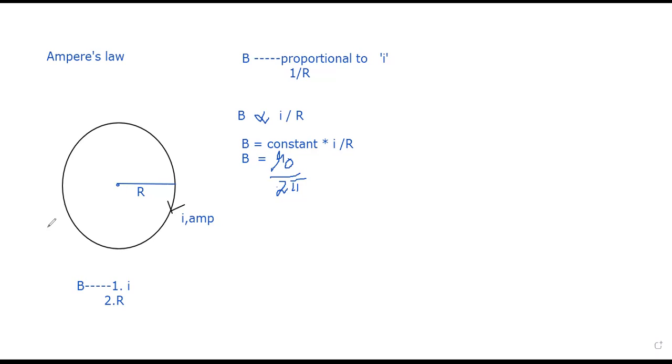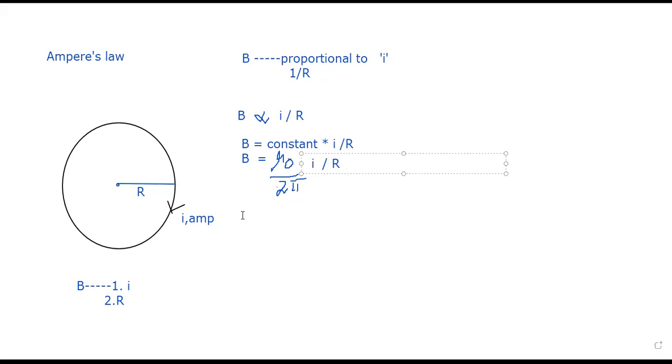Remember, in Biot-Savart's law, this constant is mu naught by 4 pi. But in the statement of Ampere's law, this constant is equal to mu naught by 2 pi multiplied by I by R.